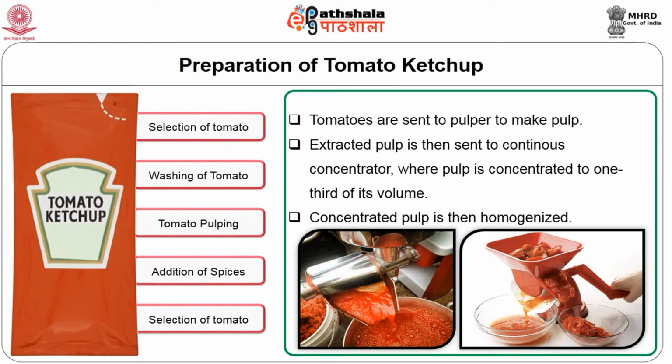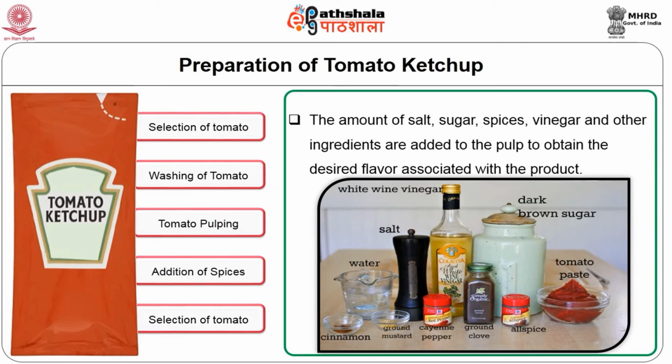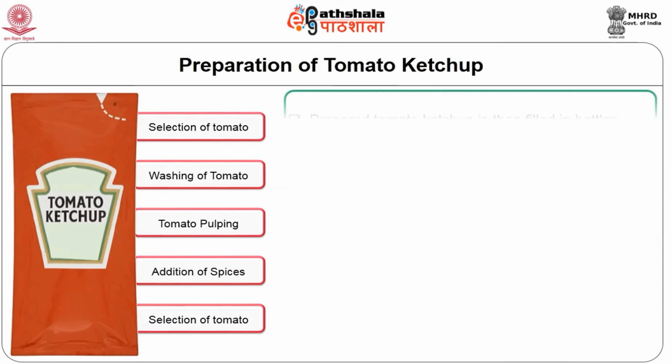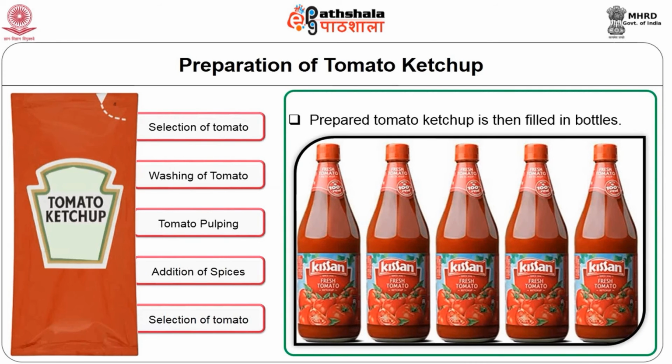The concentrated pulp is then homogenized. Required amounts of salt, sugar, spices, vinegar and other ingredients are added to the pulp to obtain the desired flavor associated with the product. The prepared tomato ketchup is then filled in bottles.